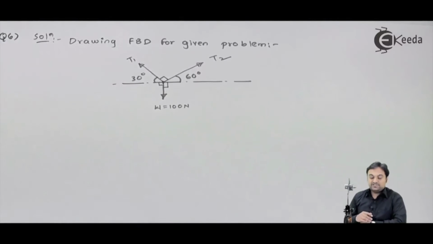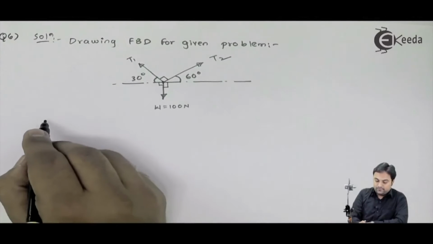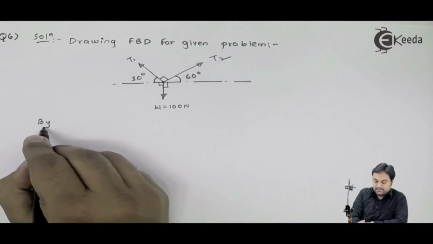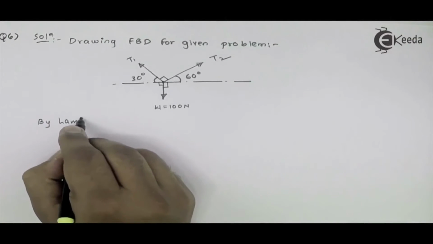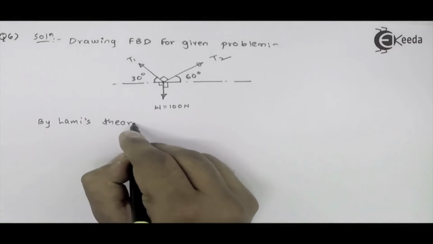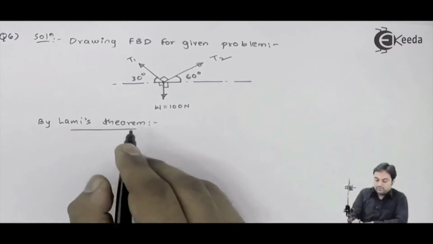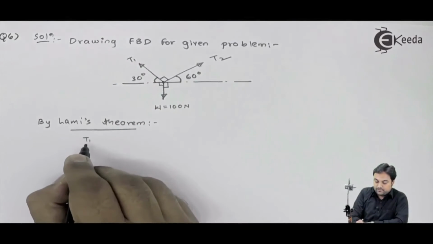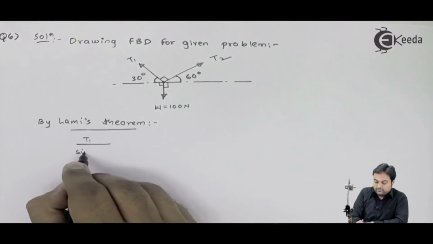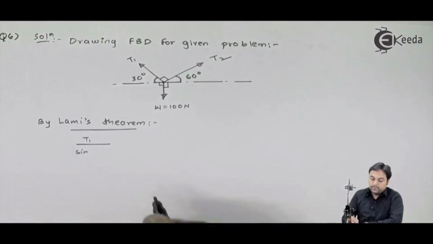So now this is a case of three concurrent forces. So for three concurrent forces, we can easily apply Lamy's theorem. So I'll say that by Lamy's theorem, I will write down T1 upon sine of angle between W and T2.